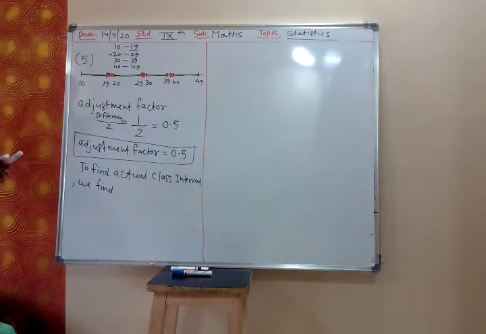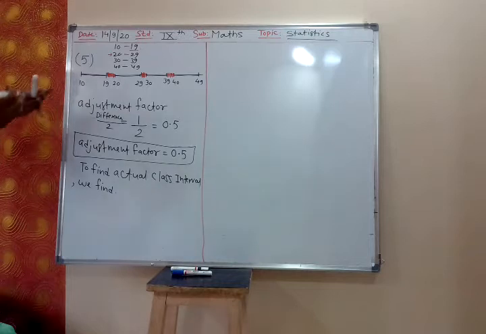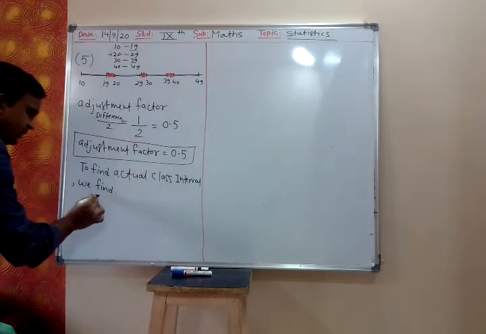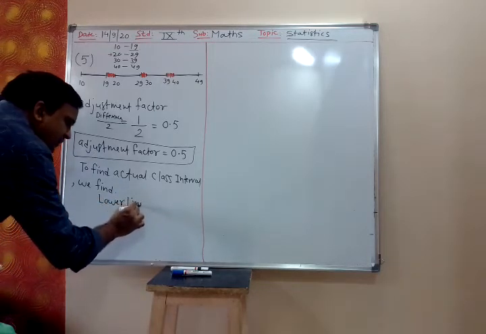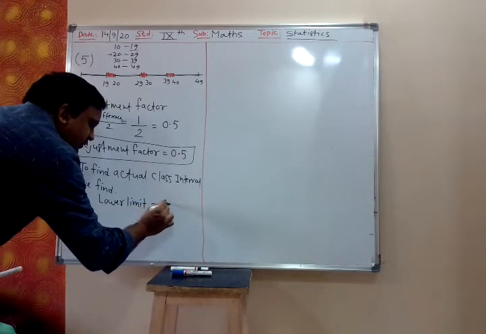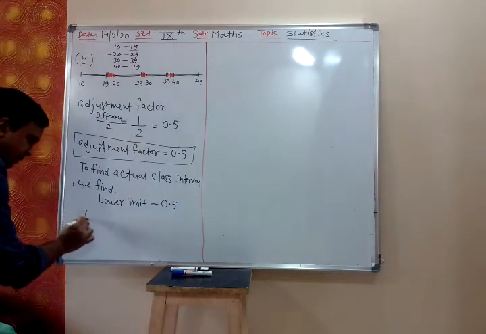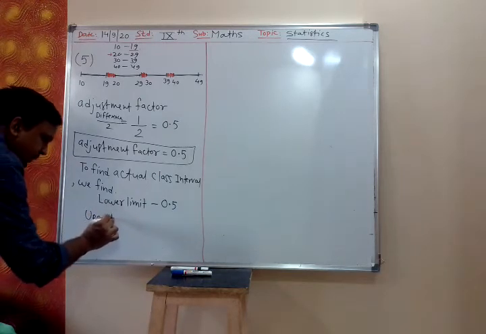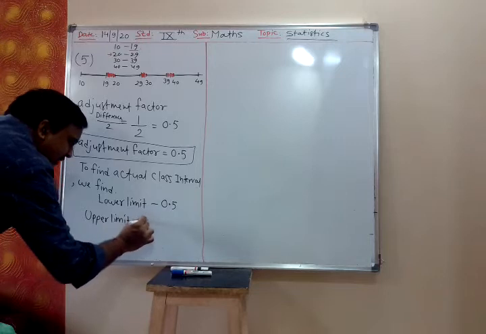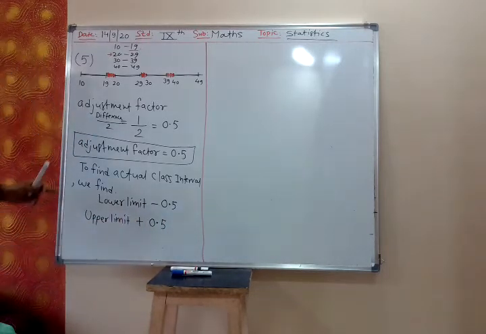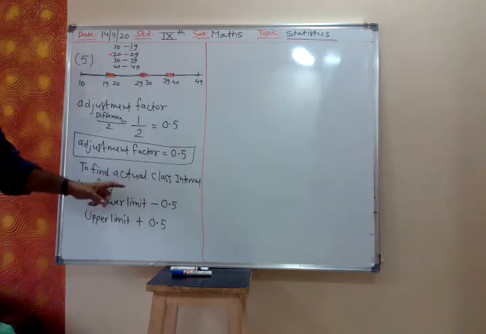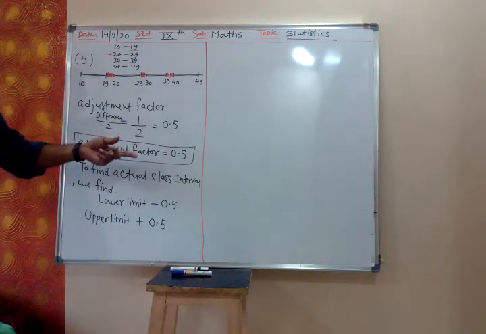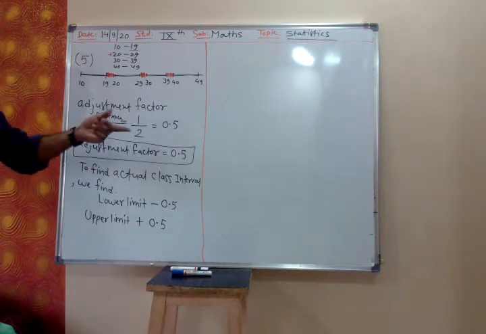To find the actual class interval, from the lower class limit we subtract the adjustment factor, that is 0.5, and to the upper limit we add the adjustment factor.